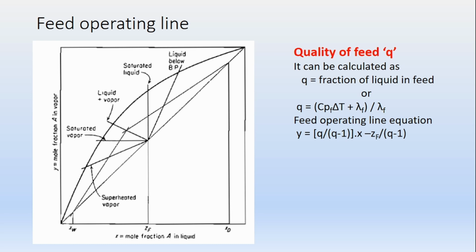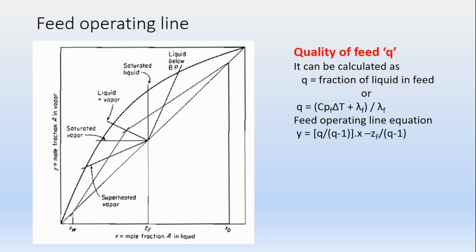Okay, or we can also determine the value of q from the specific heat and latent heat of vaporization as per this formula, and we can find out the feed operating line by drawing the line which starts from the x equal to y point at zF.